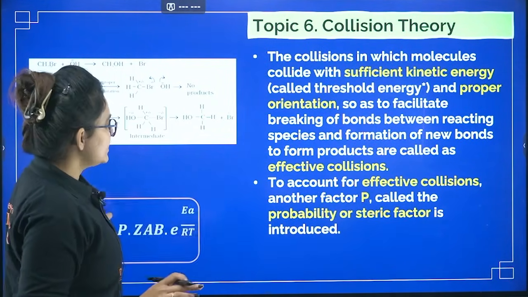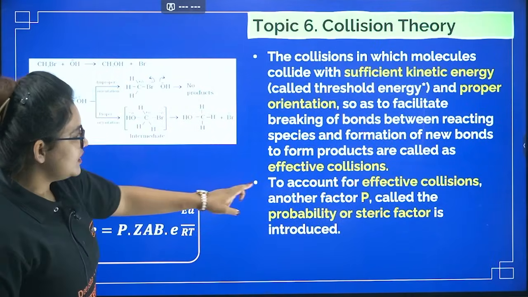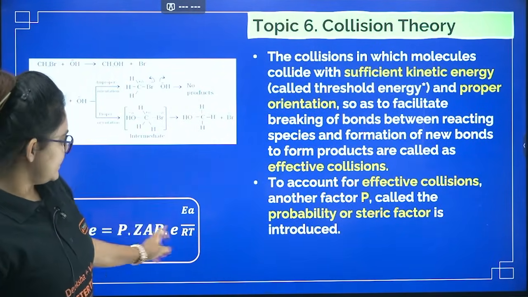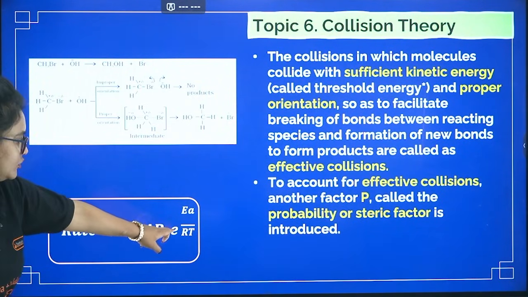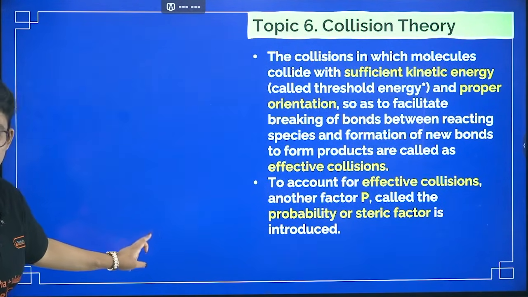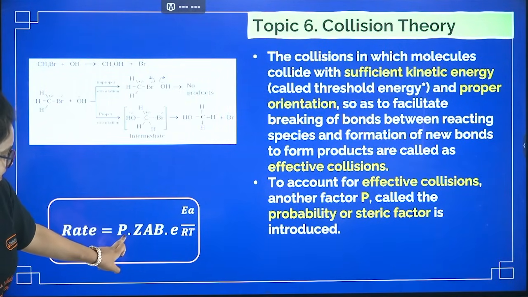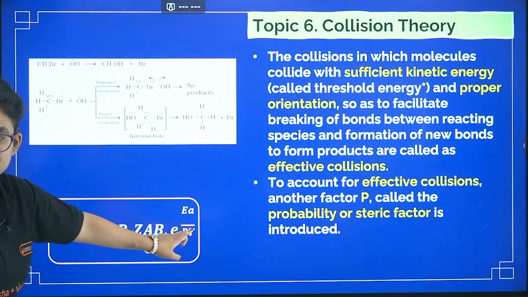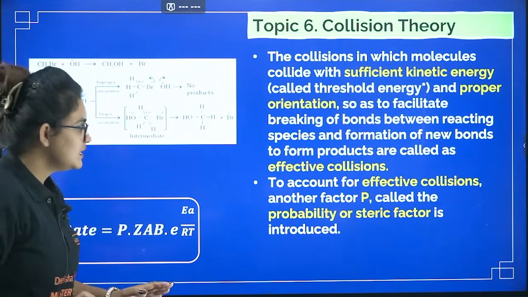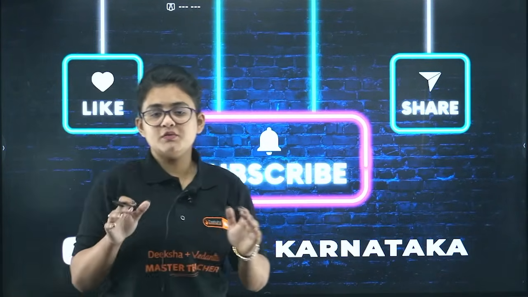Here P is the steric factor, related to effective collision. So rate is the collision frequency into the activation energy term. Three terms you have to remember: first orientation, next collision frequency, next activation energy. I guess this is clear, and here we end our one-shot video.